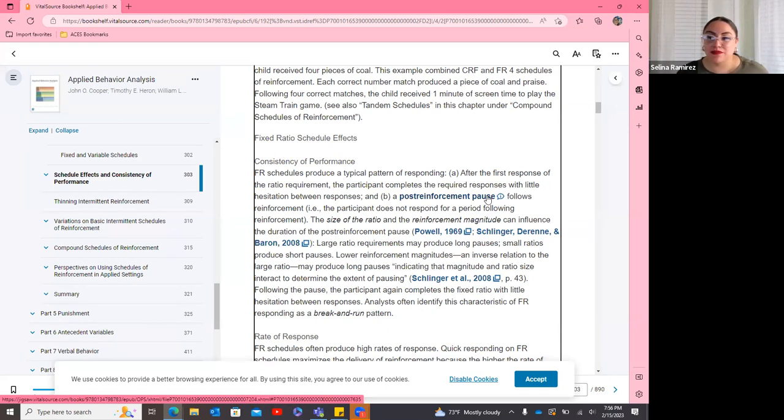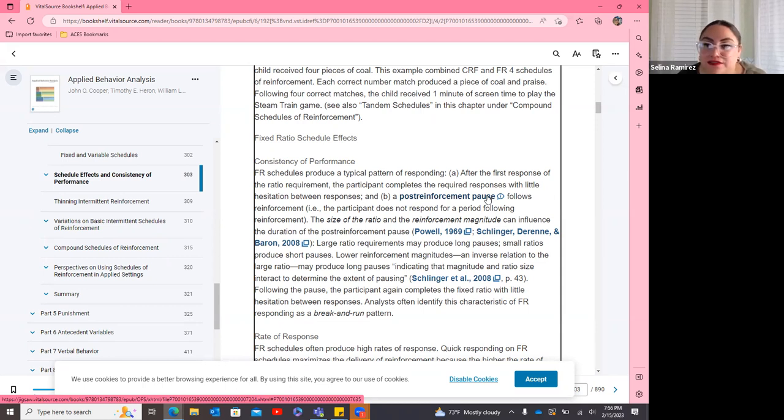Aren't there questions on the mocks about post-reinforcement pause? Yes, that has to do with FR schedules. The participant does not respond for a period following reinforcement.